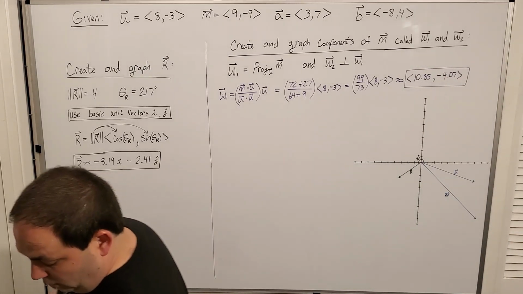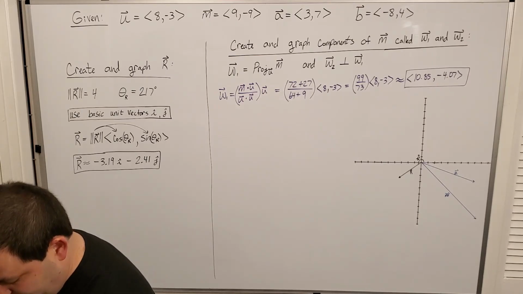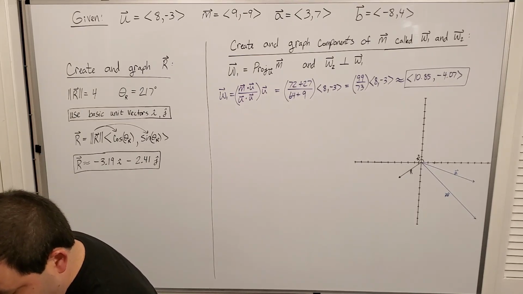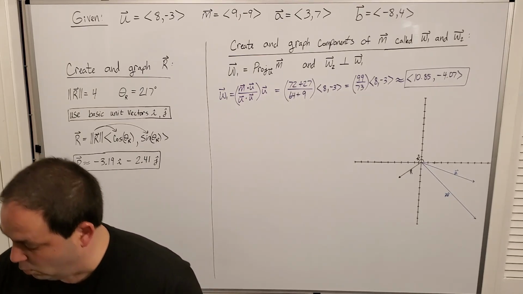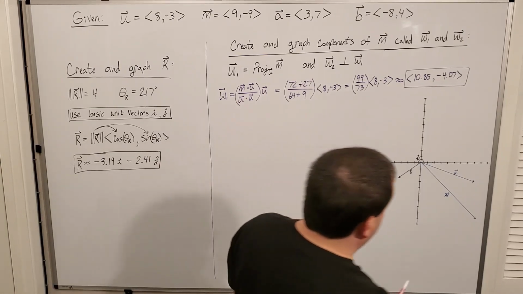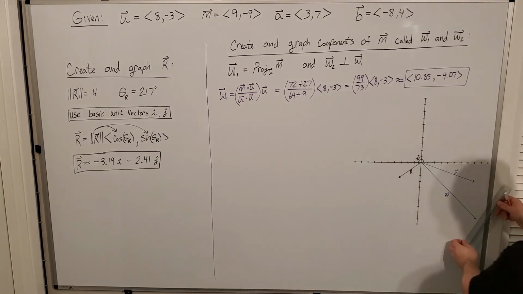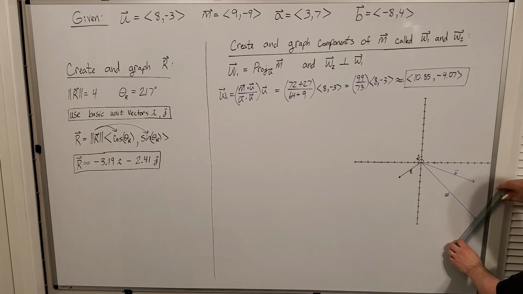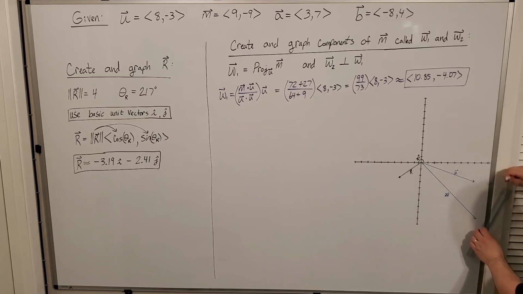Let's graph that one while we're talking about it here. So I'm going to graph this, and remember the way that works is that I take the M vector and I put it at a right angle, and actually we're going to run out of space here. I'm going to put it at a right angle to the U vector here, right?